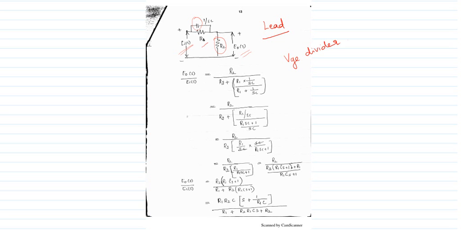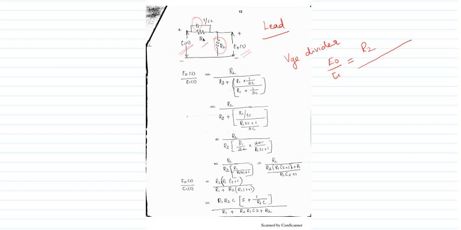Here the output voltage is E naught and the input is EI. So E naught by EI is equal to the output across the component, here R2, divided by the overall components present in the circuit. Here the capacitor and the resistor are in parallel.